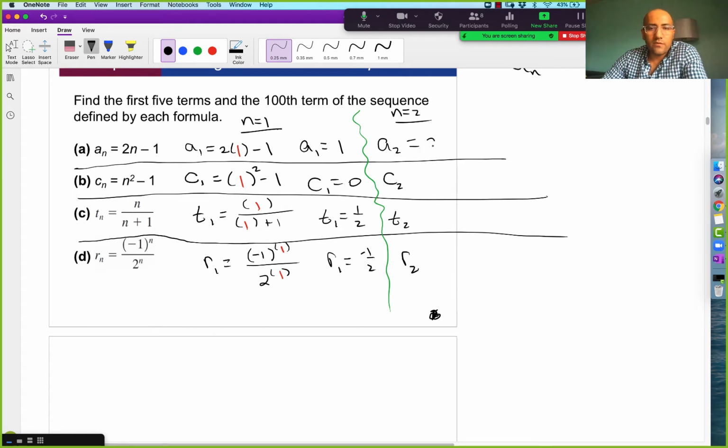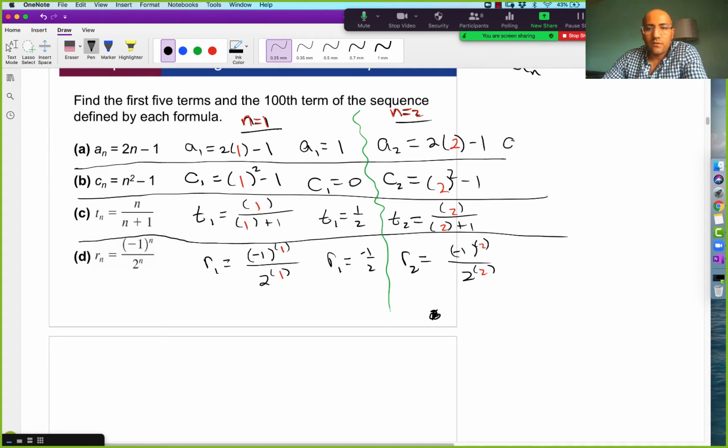This one was 2 blank minus 1, blank squared minus 1, blank divided by blank plus 1, negative 1 to the power of blank all over 2 to the power of blank. Now we're going to let n equal 2, so we'll have a 2 there, a 2 there, a 2 there, a 2 there, a 2 there, and a 2 there.